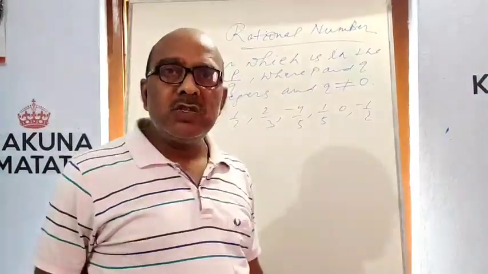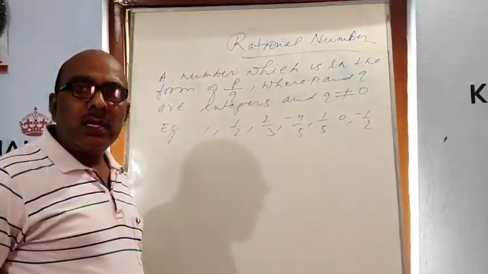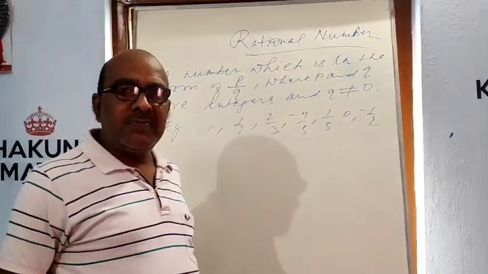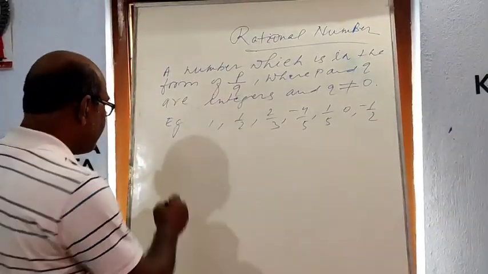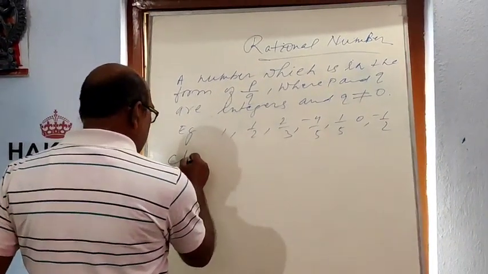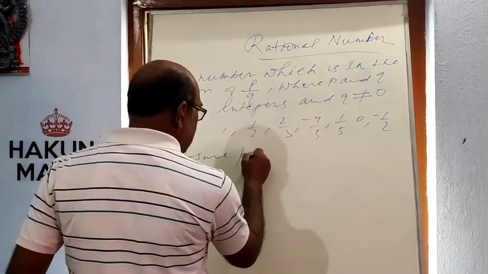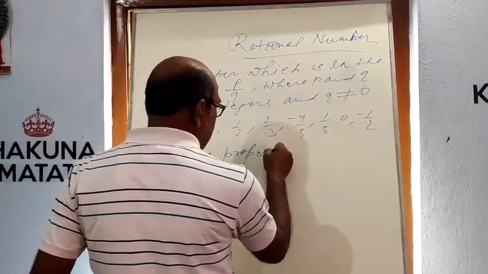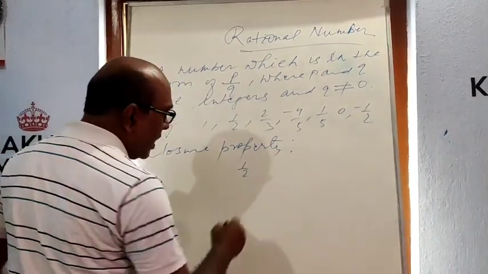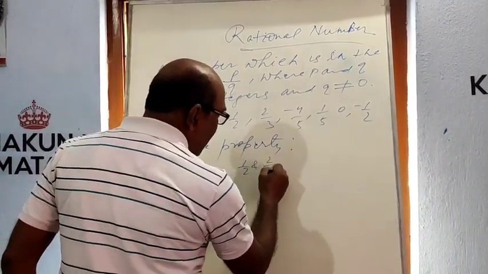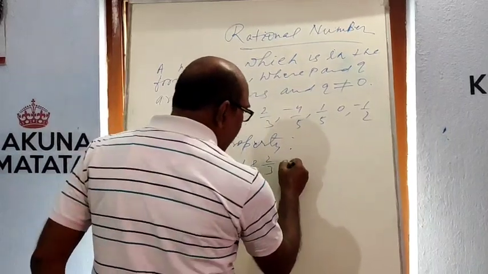There are some properties of rational number also. Closure property, commutative property, associative property. Closure property, for example. 1 by 2 and 2 by 3 are rational numbers.